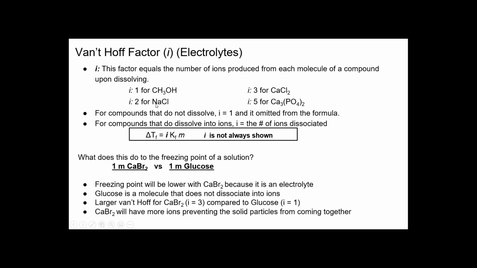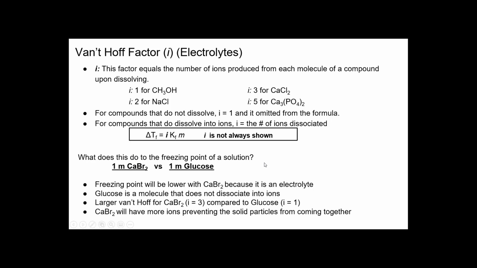Why? Because when sodium chloride goes into water, it breaks into ions, 2 ions specifically. Here we have calcium chloride. i would be 3 because we would have 2 ions of chloride and 1 ion of calcium. And this would have 5, and hopefully you can figure it out. 3 of this, 2 of that, and that's going to give it. So you need to pay attention when you have an electrolyte.